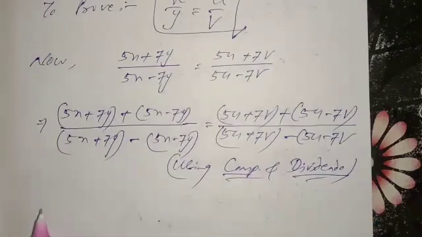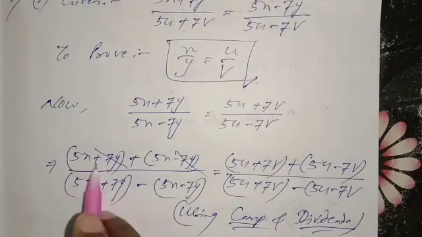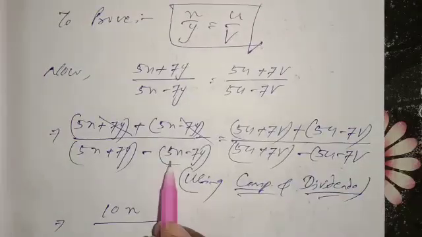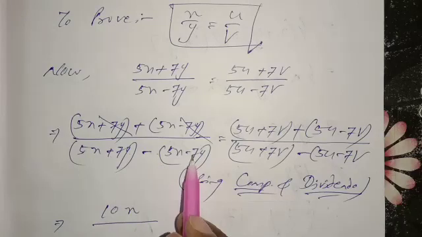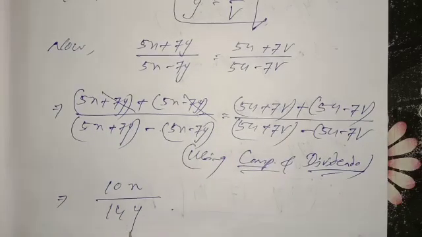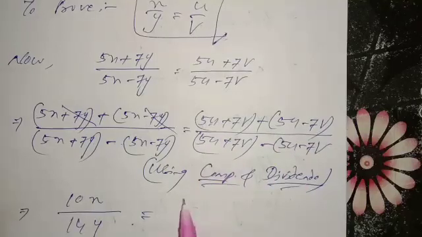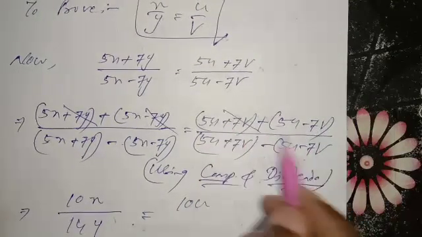Now see what you are getting here. Plus 7y minus 7y can be cancelled. This will be 10x. And the numerator, if I open the bracket, this 5x minus 5x will be cancelled out. Plus 7y, this will be plus 7y, means 14y. Right hand side you see 5u plus 5u, that will be 10u. Plus 7v minus 7v cancel out.